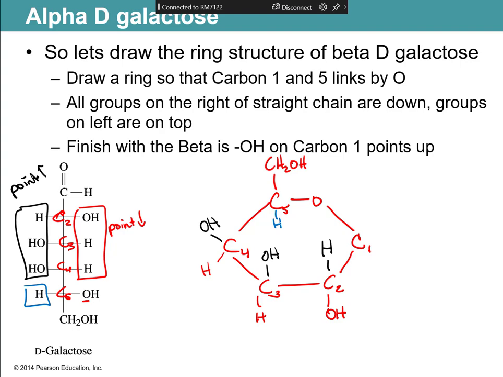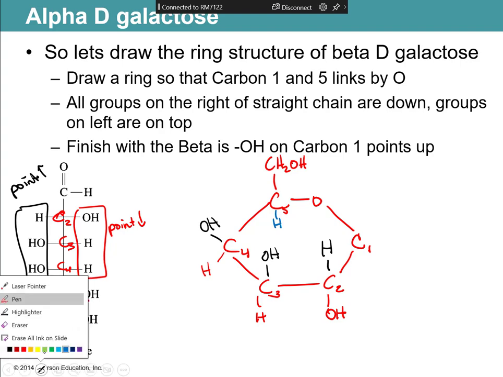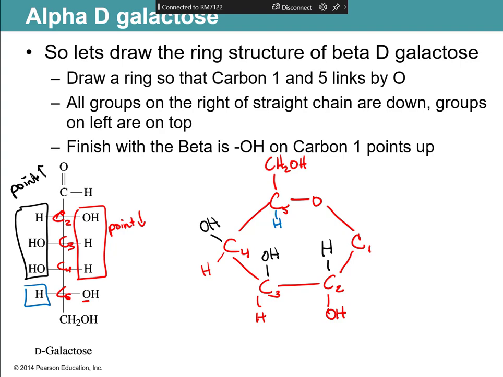So then the last thing to figure out is if it's an alpha or beta, that tells you where to put your alcohol group on carbon number 1. So since we have one that is the beta, I want my alcohol group to point up. Remember that that's the beta conformation, and that means the hydrogen would point down.